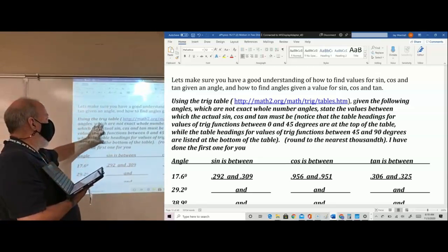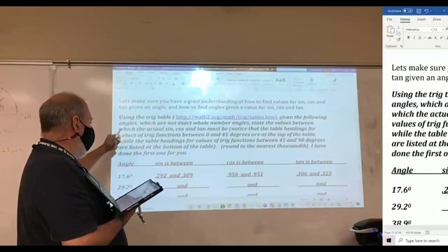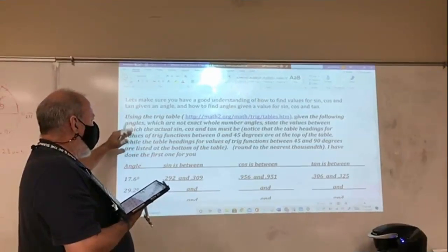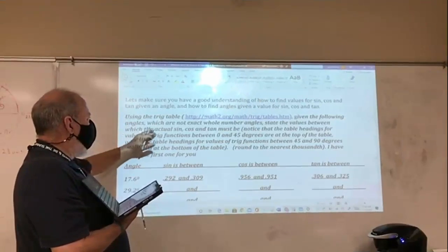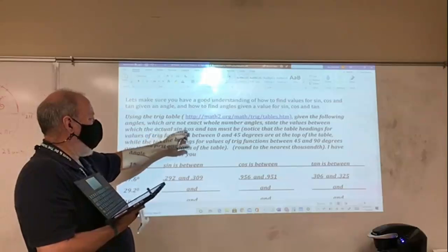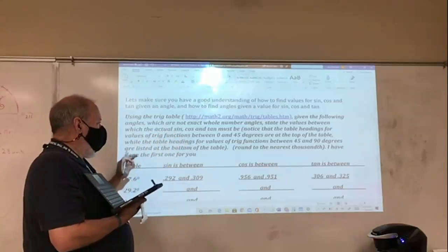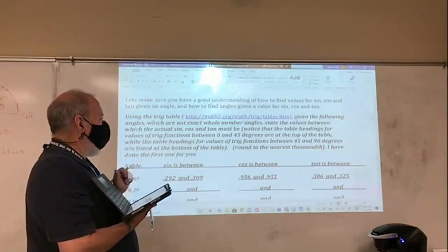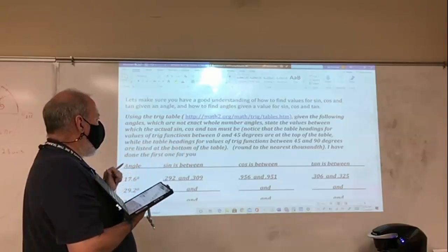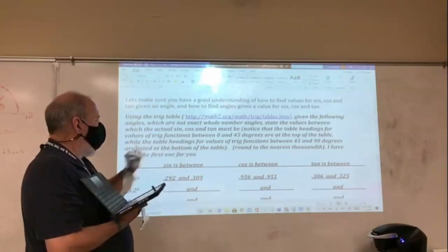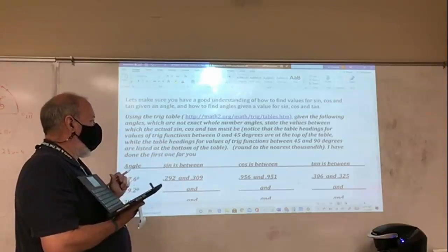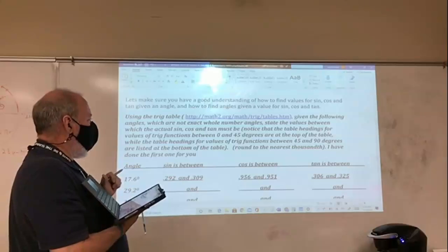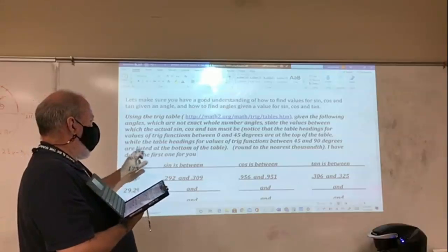Given the following angles, which are not exact whole number angles, state the values between which the actual sine, cosine, and tangent must be. Notice that the table headings for values of trig functions between 0 and 45 degrees are at the top of the table, while the table headings for values of the trig functions between 45 degrees and 90 degrees are listed at the bottom.